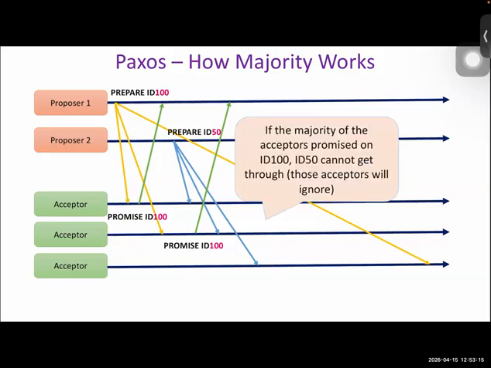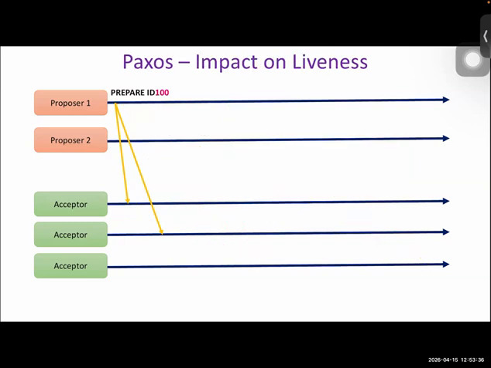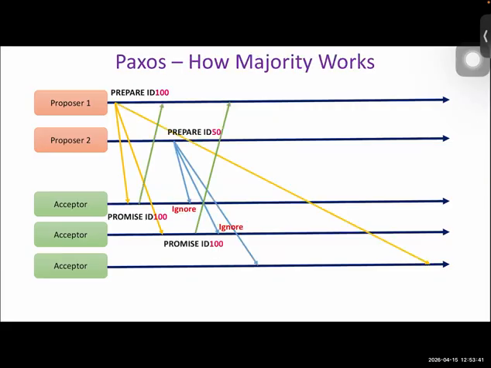If the majority of these acceptors, out of 3, promised on 100, then ID 50 cannot get through, and these acceptors will simply ignore it. So proposer 1 confirms that this is how the majority works.